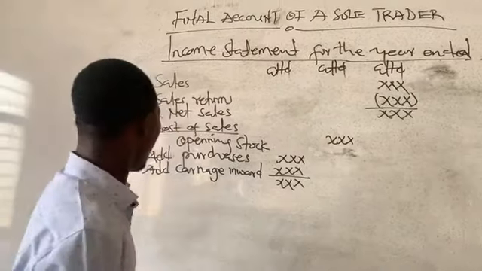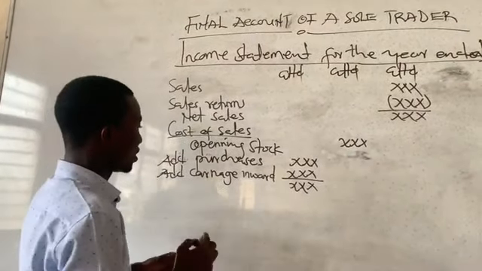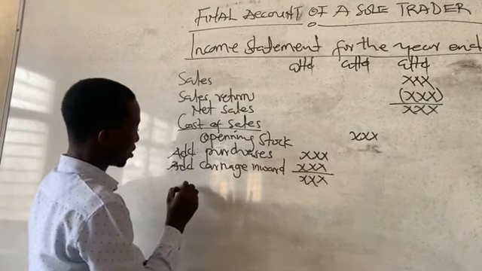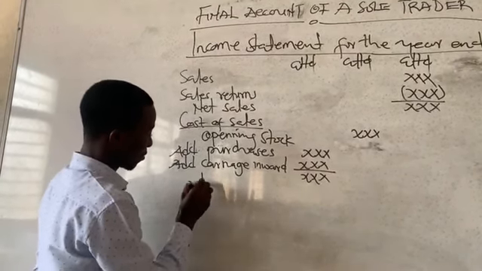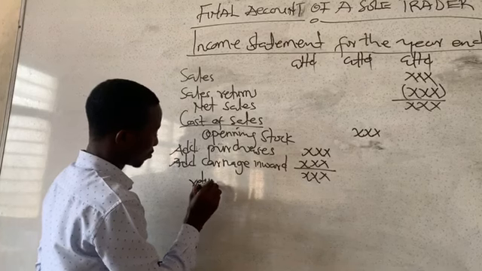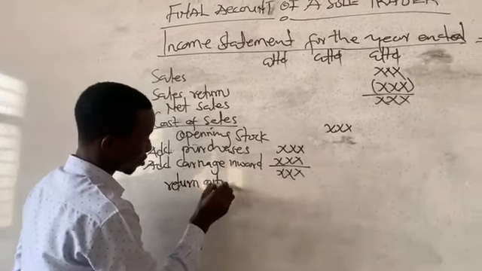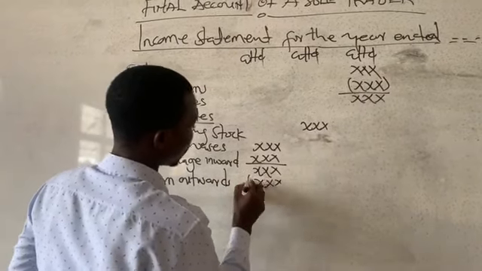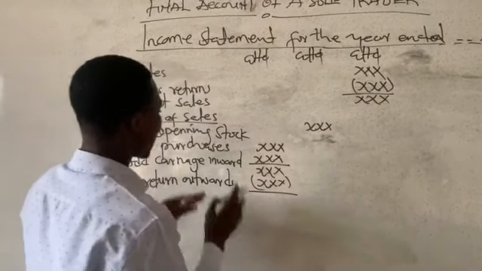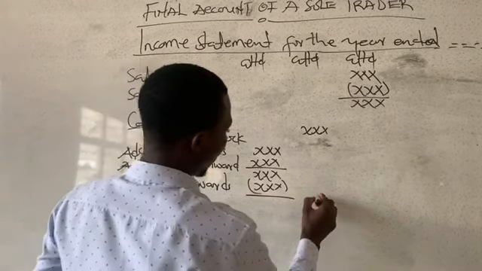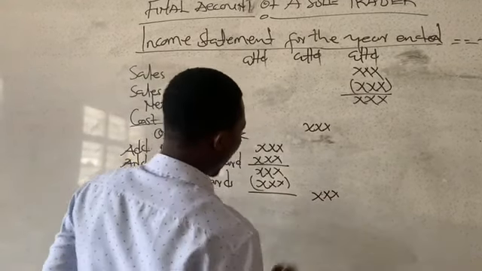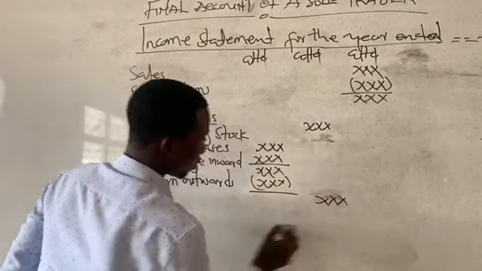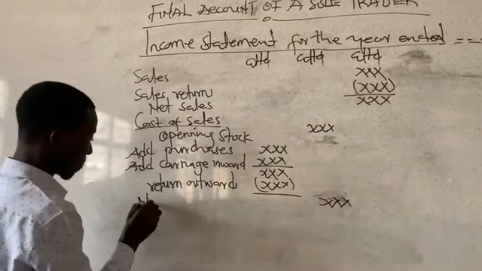So we'll be lessing our returns on purchases, or return outwards. So we less it. When we less our return outwards, we'll be arriving at our net purchases.